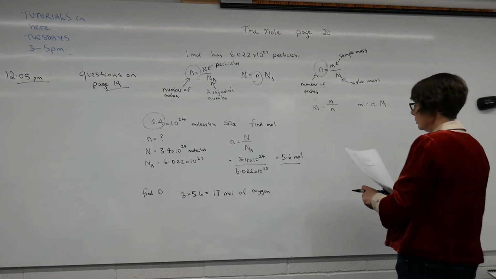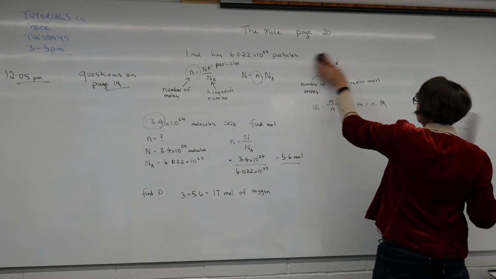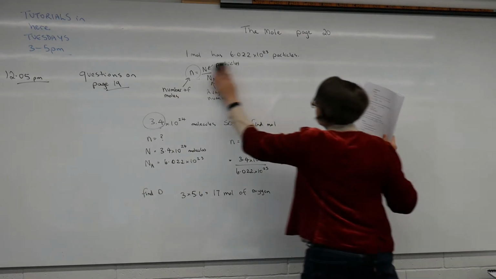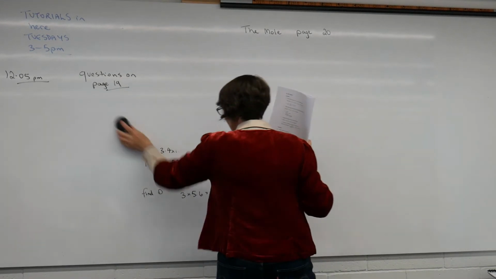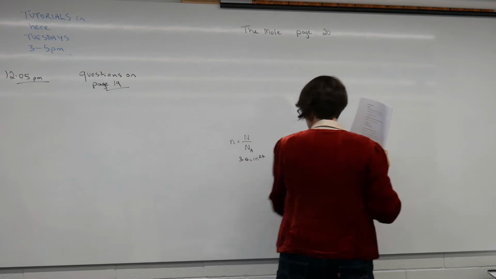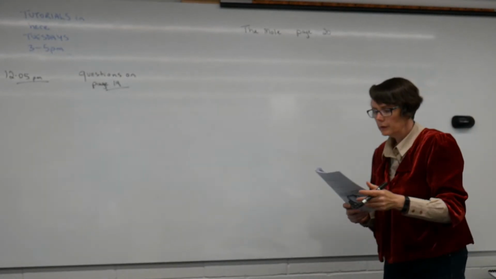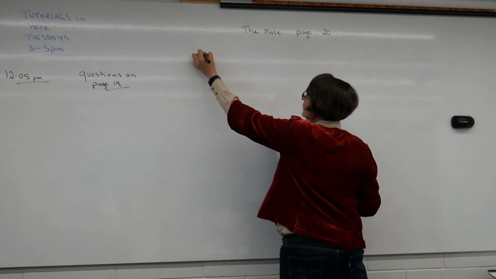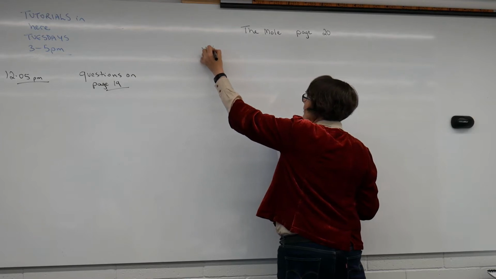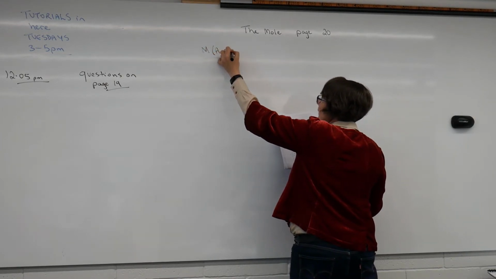Okay, so if you turn the page to page 22, if you look at example 2, determine the number of moles of 54.7 grams of silver nitrate crystals. Well, I'm not going to go through how we work out the molar mass of the silver nitrate, because we've just done that.